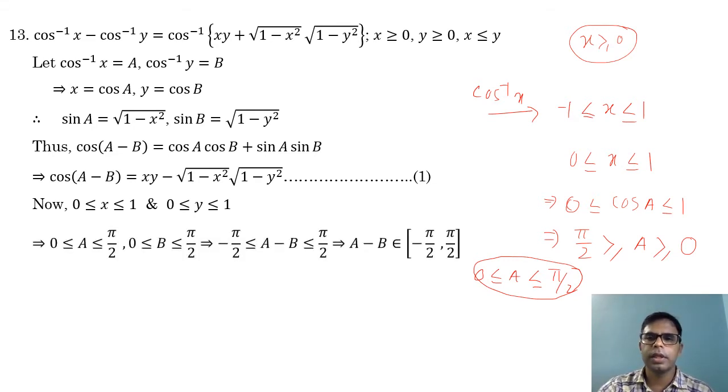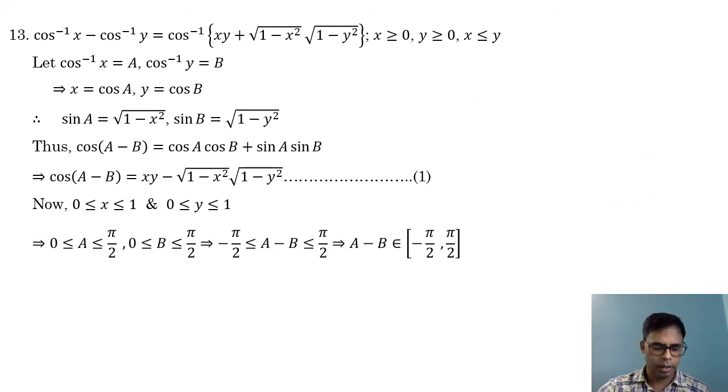So that is written here. You see here, b is also here. And so a plus b, not a plus b, a minus b. This time it is a minus b. So a minus b is from minus pi by 2 up to pi by 2. How is minus pi by 2 up to pi by 2 obtained?